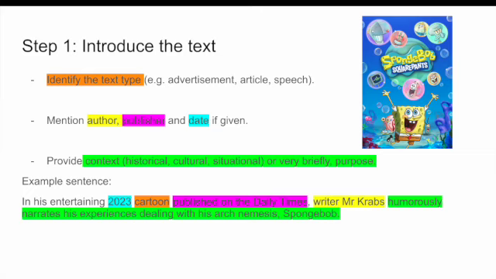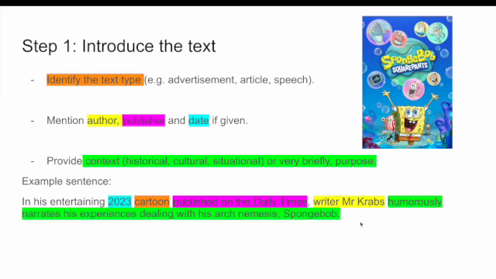So who was it written by, who was it published by, when was it published? Now take those three things and use that to provide some context, either historical, cultural, or situational context. Or if you're unable to determine that, comment very briefly on the purpose of the text in your first sentence. So let's take a look at this example sentence right down here.